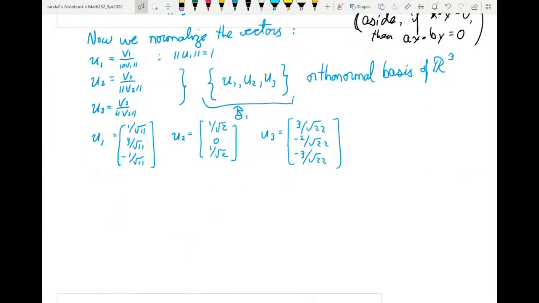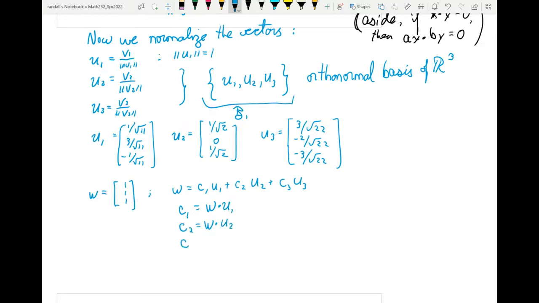Good. So if we did take a vector w equals 1, 1, 1, we could write w as c1 u1 plus c2 u2 plus c3 u3, where I wouldn't have to solve a system of equations. c1 would be w dotted with u1, c2 would be w dotted with u2, c3 would be w dotted with u3, okay? So these numbers, you can add them up.